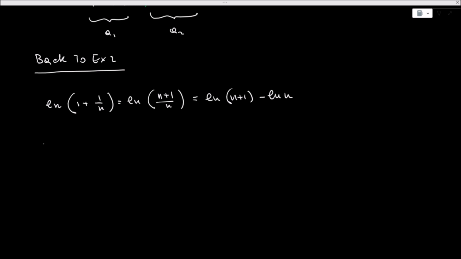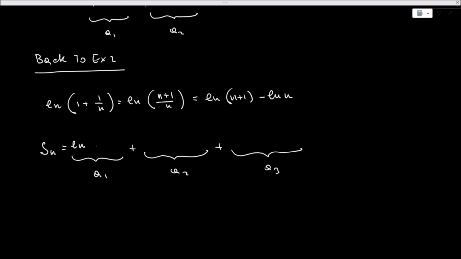So if we evaluate the partial sum as n, we first need to evaluate a1, then a2, then a3. Let me start with a1. a1 will be logarithm of 2 minus logarithm of 1. a2 will be logarithm of 3 minus logarithm of 2. a3 will be logarithm of 4 minus logarithm of 3.